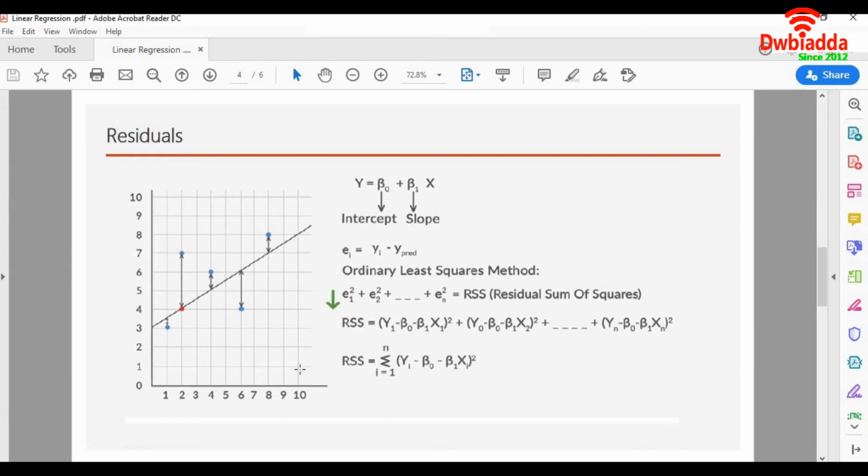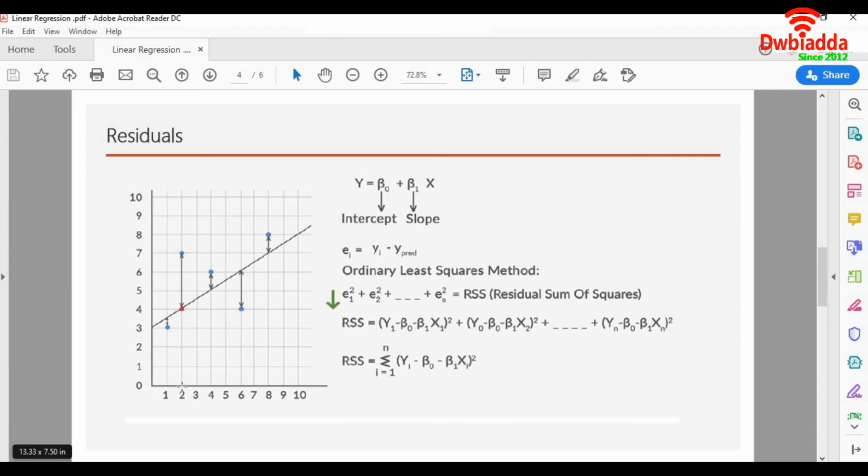Let's try to understand what a residual is. A residual is nothing but the error that we commit while making a prediction. For example, in the given plot over here, the line is our prediction and the blue dots are the actual values.